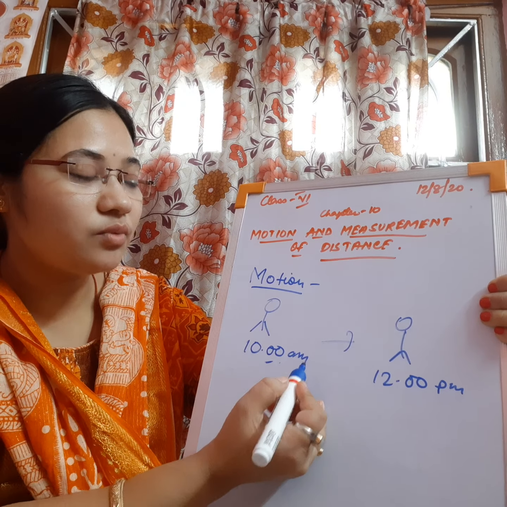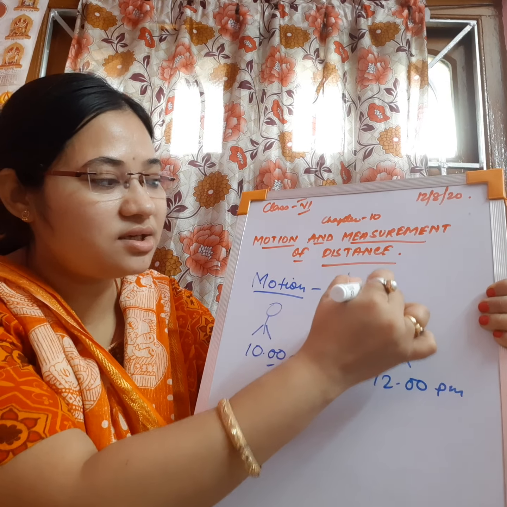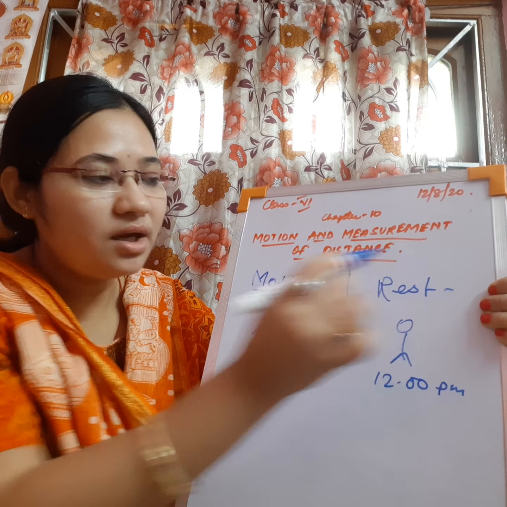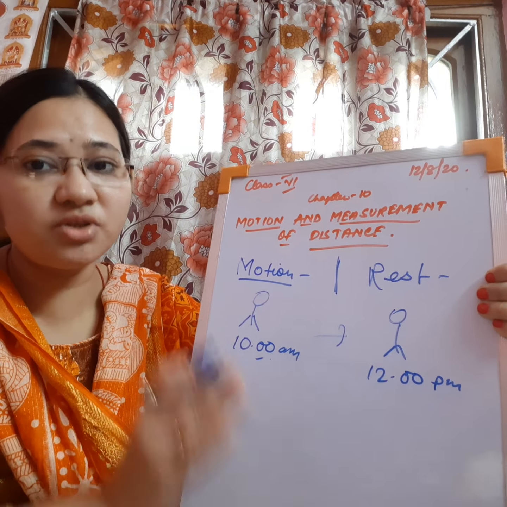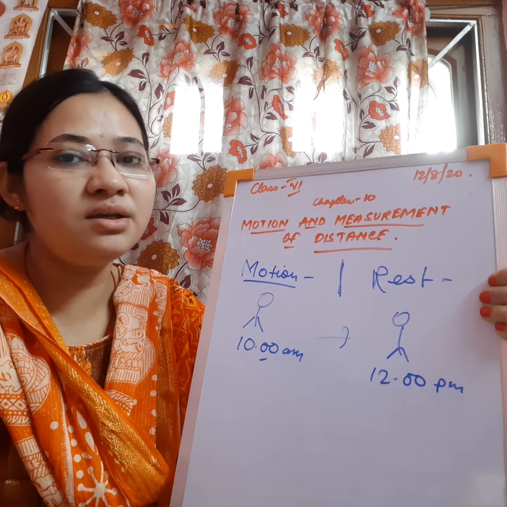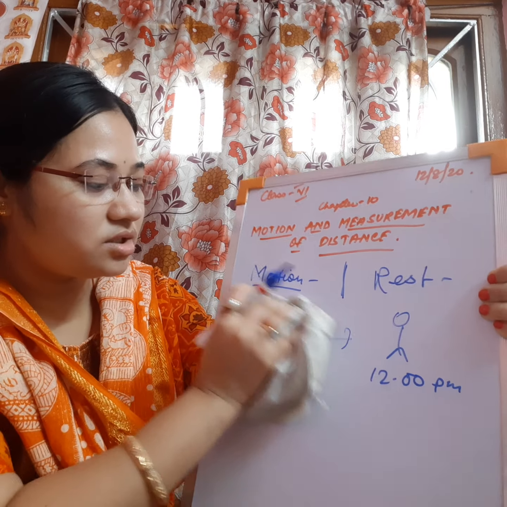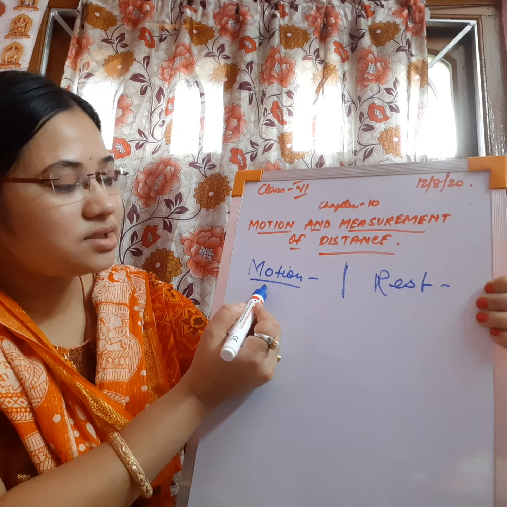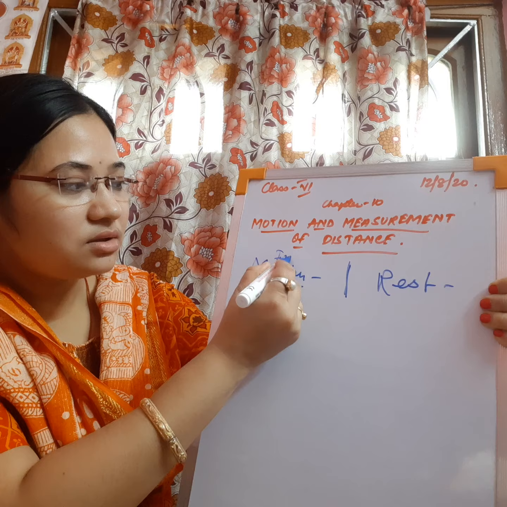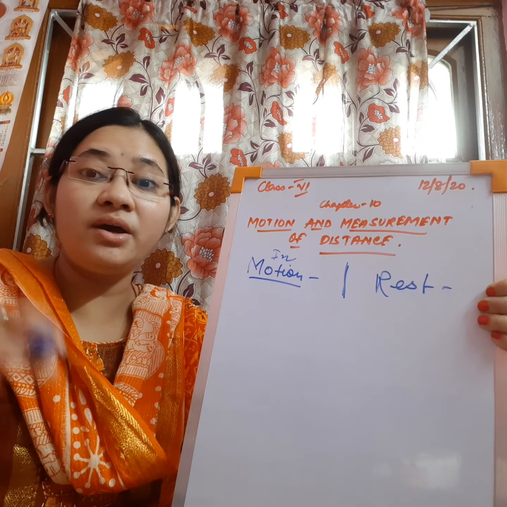Just opposite is rest. What is rest? A body is said to be at rest when it does not change its position with respect to time and surrounding. When a body changes its position with respect to time, it is said to be in motion, like a moving car or a bird flying.